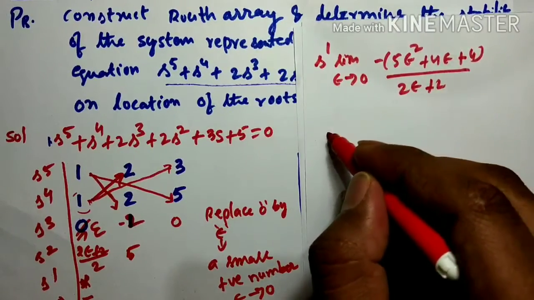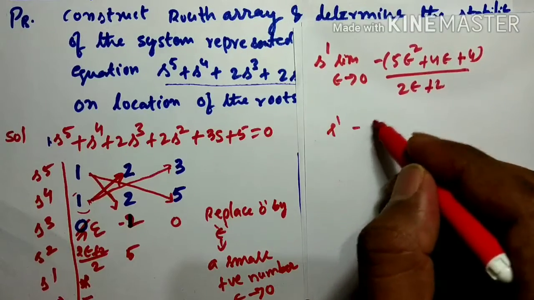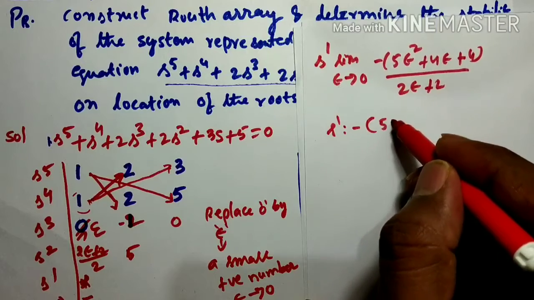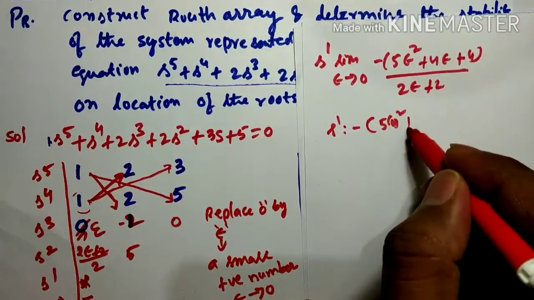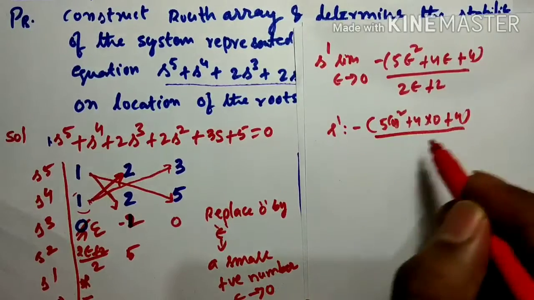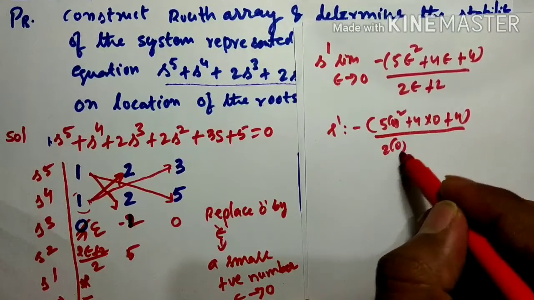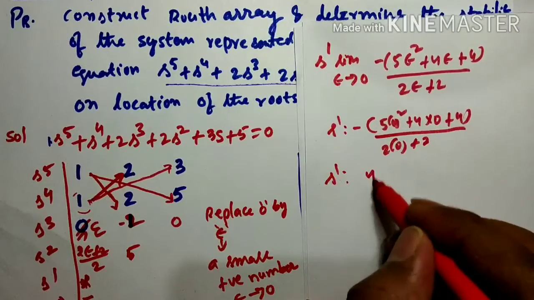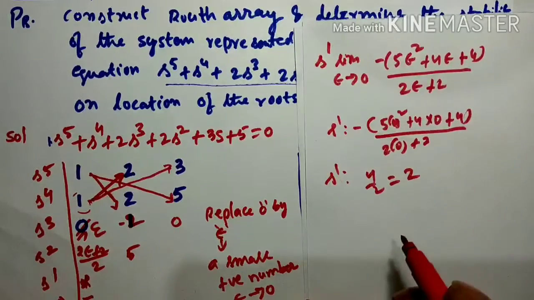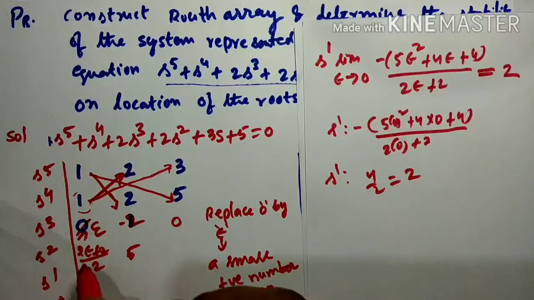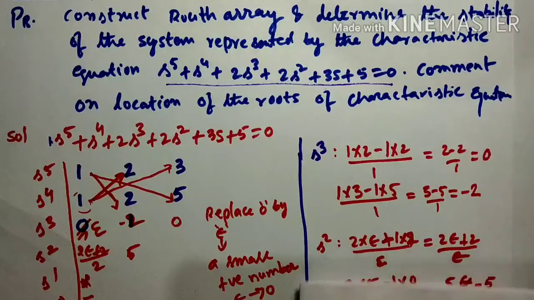Substituting 0, what do you get? Minus, 5 into 0 square plus 4 into 0 plus 4, and 2 epsilon means 0 plus 2. So you will get 4 by 2, that is 2. So this value is 2. And what is this value? We have found it here.